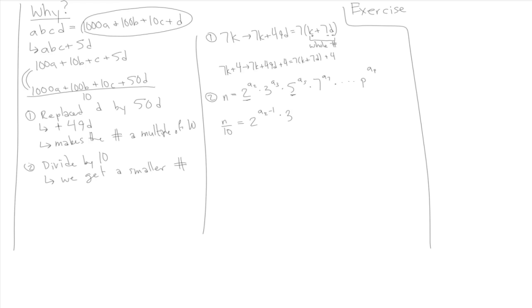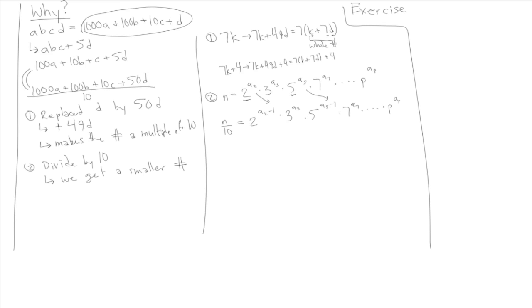We haven't changed how many 3's we have. We're getting rid of 1 copy of 5. We haven't changed how many copies of 7 we have. And the rest of these prime numbers, we still have the same number of each one. All we've done is we got rid of 1 copy of 2 and 1 copy of 5, because we divided by 2 times 5.